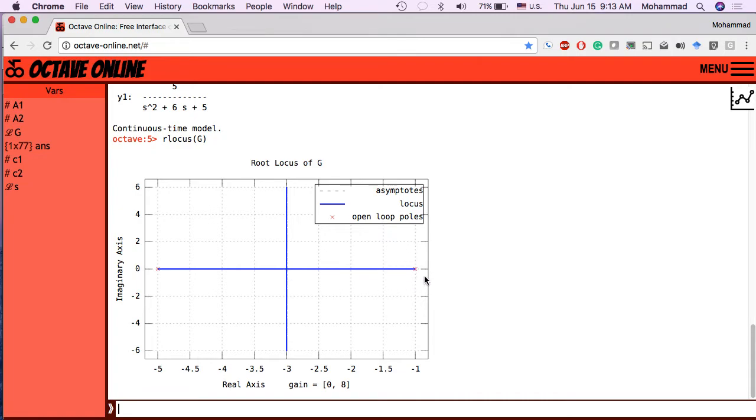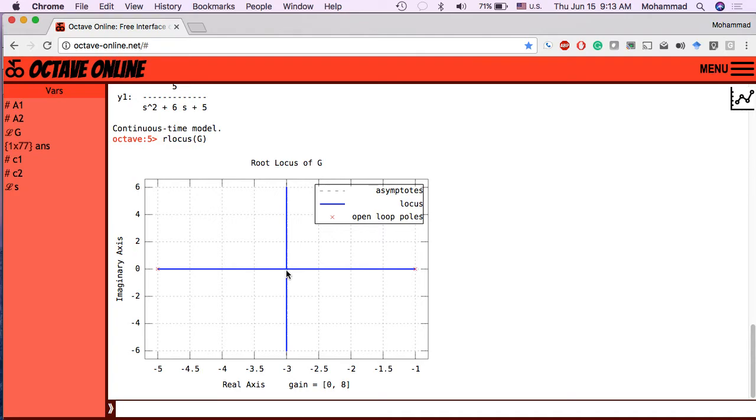So the pole that is at -1 is the dominant pole, and it becomes less dominant as K increases, and the pole at -5 was non-dominant. So as K increases, that becomes more important, more dominant. And when K is exactly equal to 0.8, according to the MATLAB figure, these two are identical and are on top of each other, located at -3.